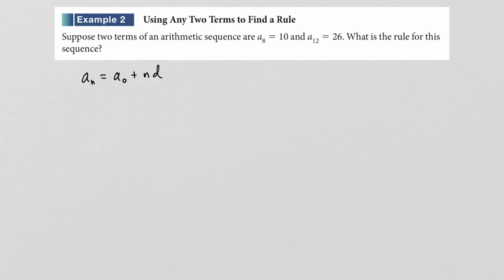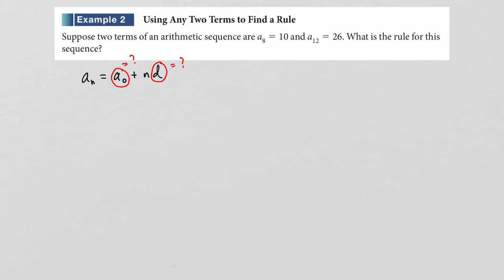To know the rule for the sequence, we need to know a_0 and we need to know d. We don't know either of those because they did not give us the first term of the sequence, and they also did not tell us the value for d. And a_8 and a_12 are not successive terms, so we cannot easily calculate d because of that.